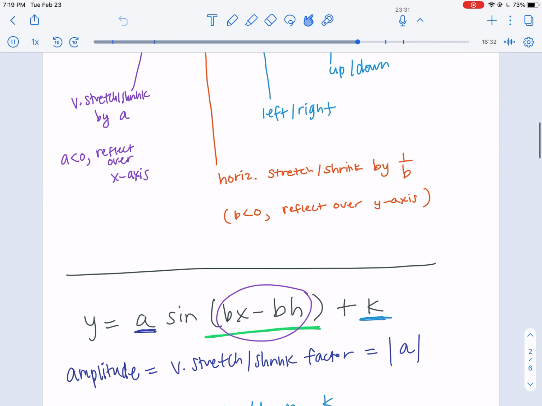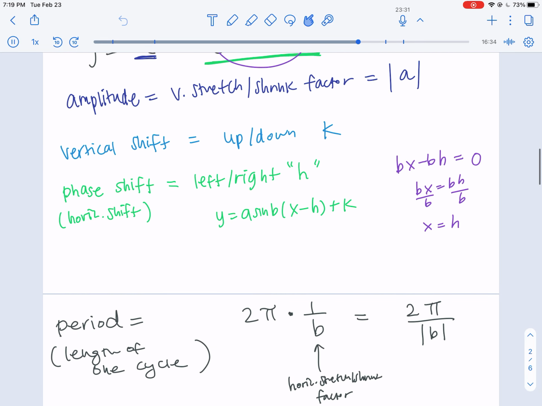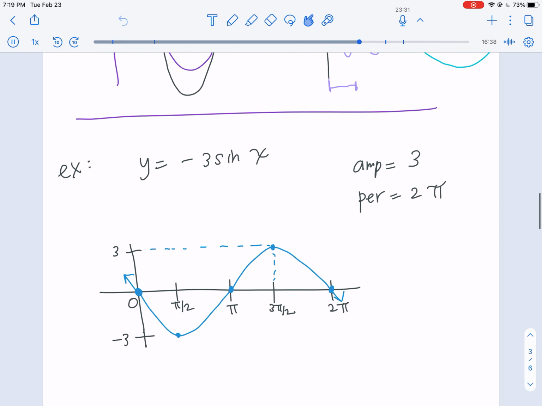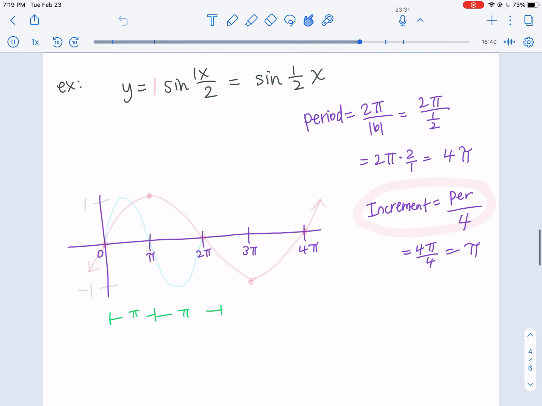The period is 2 pi over b. So I know the whole thing is 4 pi. I have to divide it into 4 even intervals, so you just divide the period by 4. The increment is the period divided by 4, because I need to add the same amount each time.